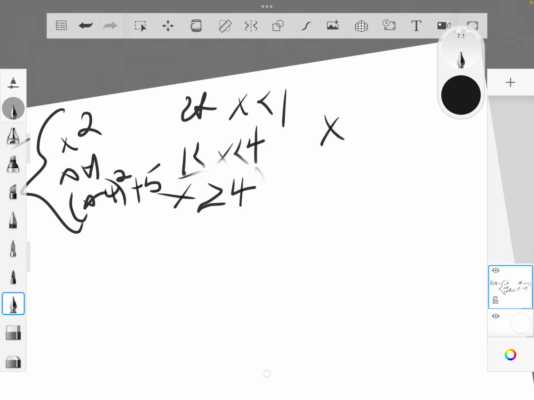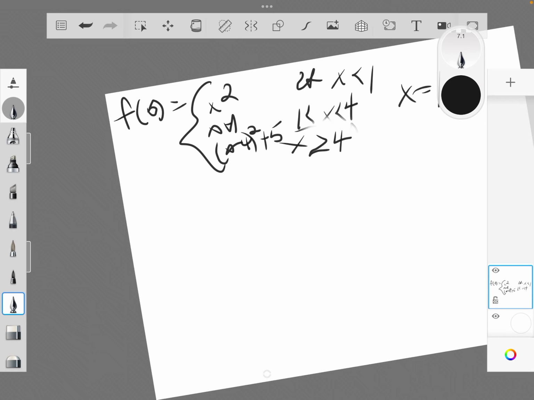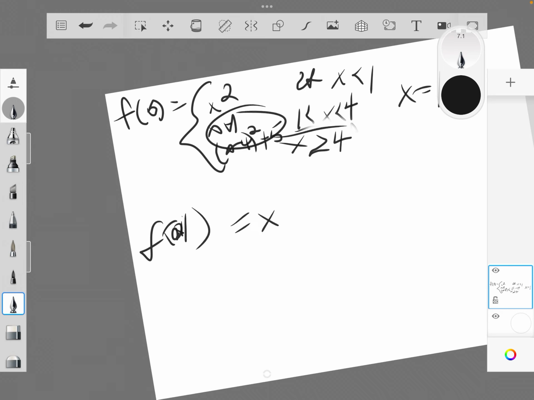Then we look at x equals 1. We solve here. We find the normal function value f of 1, which uses x plus 1: 1 plus 1 equals 2.